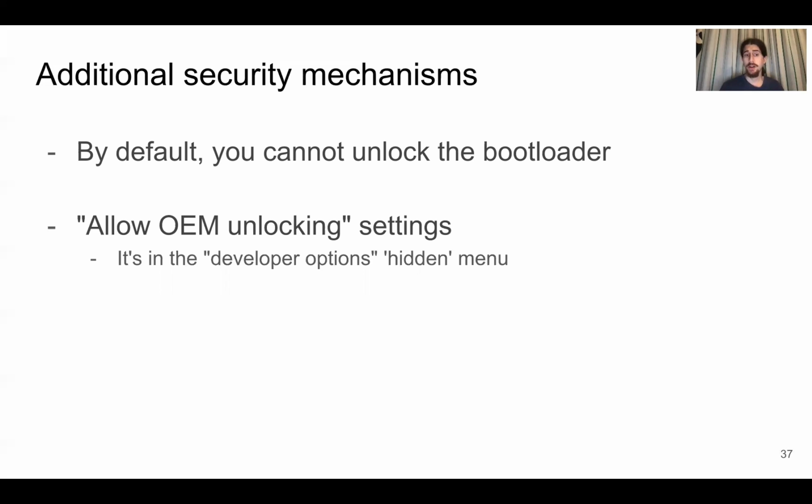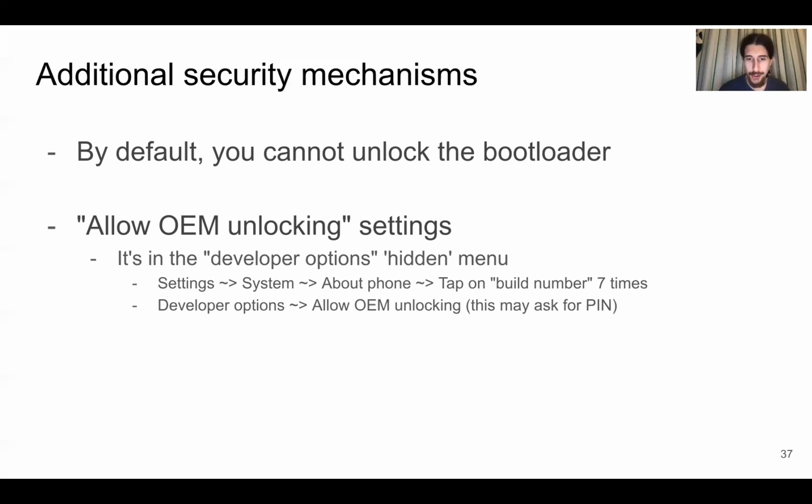This allow OEM unlocking, at least on Pixels, is in the developer options, a hidden menu. If you never played with it, it's actually pretty fun. By default, you don't have any developer options item in the settings app, but what you can do is go to settings, system, about phone, and then there is a build number item. You click, I'm not kidding, you click on it 7 times and this is going to unlock the developer options menu. Now you can click on it, and you're going to have a number of different things.